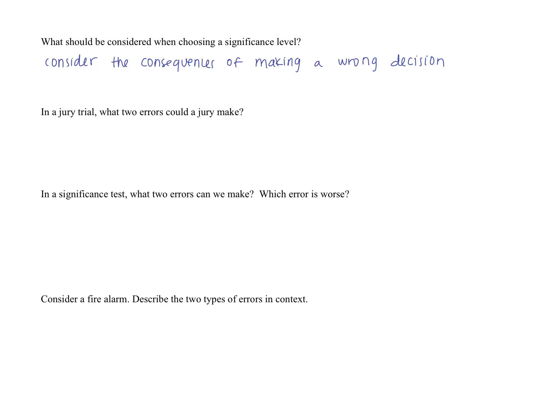Okay, where we ended is how do you choose that alpha? How do you choose that significance level? And you consider the consequences of making a wrong decision. And so we talked about there are two different kinds of wrong decisions that can be made. If we talk about a jury, if someone is on trial, one error would be letting a guilty person go free.